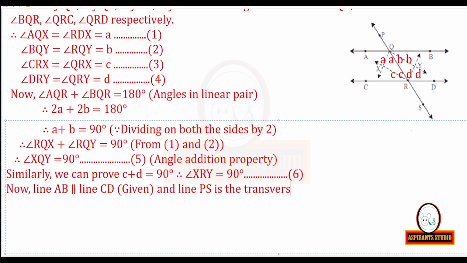So because of the interior angles theorem, we have measure of angle AQR plus measure of angle CRQ is equal to 180 degrees. Because interior angles are supplementary, the sum of the measures of the interior angles will be equal to 180 degrees.